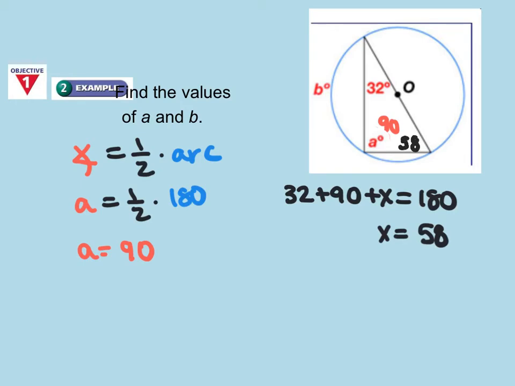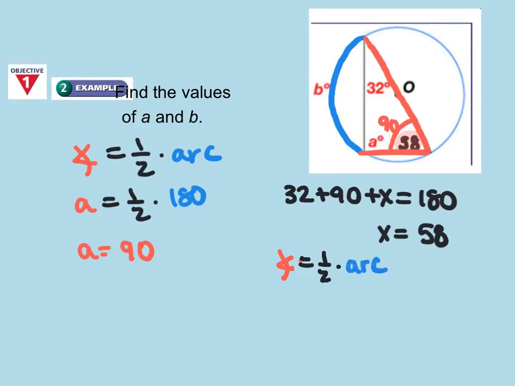Now, if I want to look at B, for example, I can identify that B is an arc, as highlighted, and the inscribed angle that goes with B is this angle here, with the angle measure of 58. So if I want to solve for b using my formula, we know that the angle equals 1/2 times the arc.